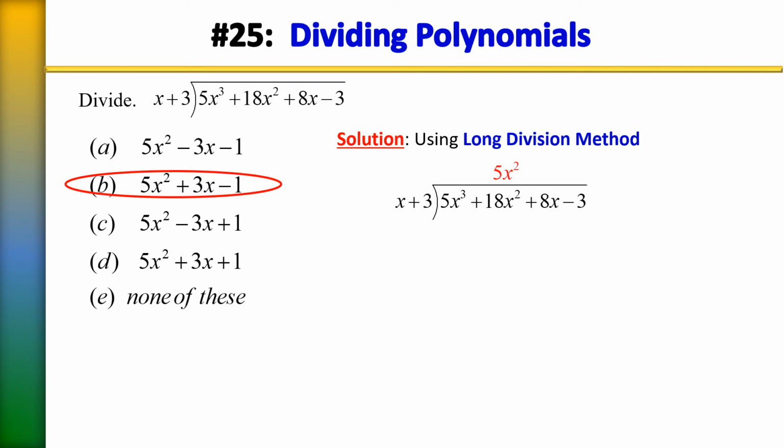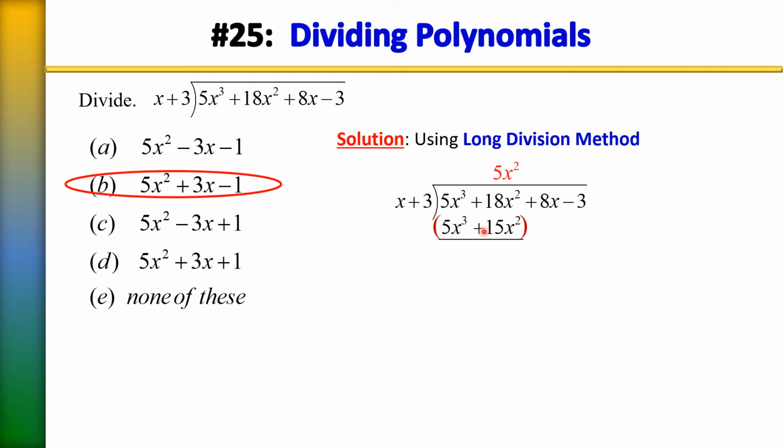Okay, so watch me as I multiply this. 5x squared times x, yes, it is 5x cubed. 5x squared times 3 equals 15x squared. Okay, next I'm going to draw my line. It's time to subtract. So these terms will be their opposite. So this is now negative 5x cubed.